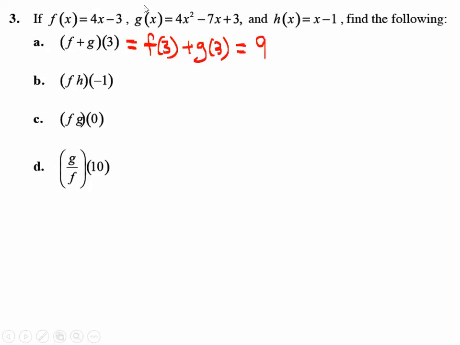G of 3, you guys have to plug into this right here, g of 3. You verify with me just to make sure, is that truly an 18 or not, or I was just doing this too fast in my head. So plug in the 3 into that.